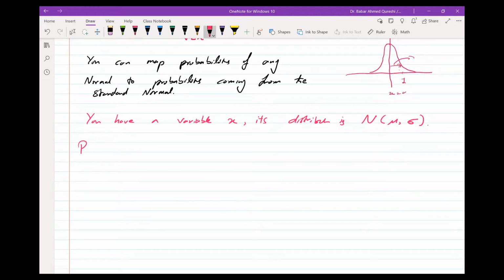You want to compute this probability, this is the most general thing you can do for a continuous variable, probabilities of x occurring between two numbers a and b. And this we know is just this integral. This is the distribution, you integrate it between the limits a and b, and that gives you the probability of x being between x is equal to a and x is equal to b.